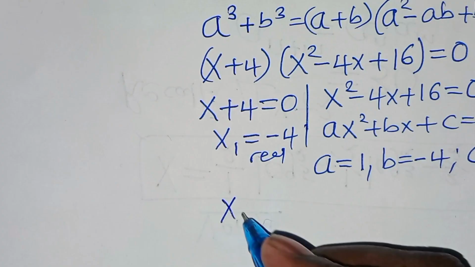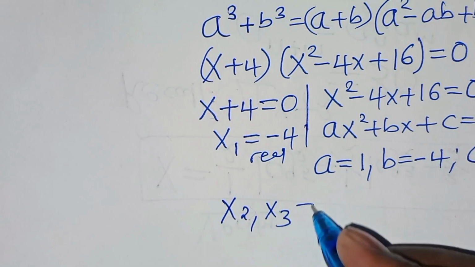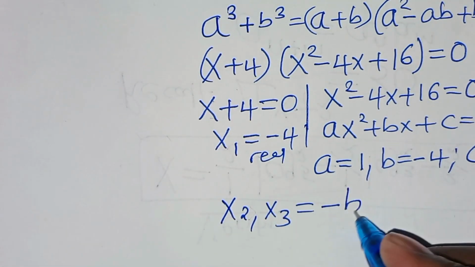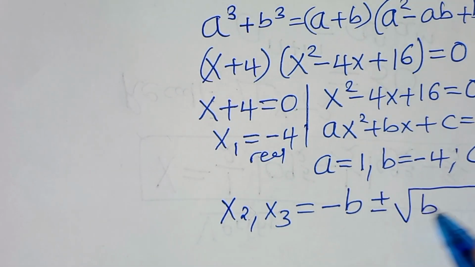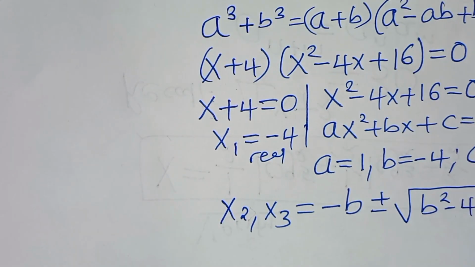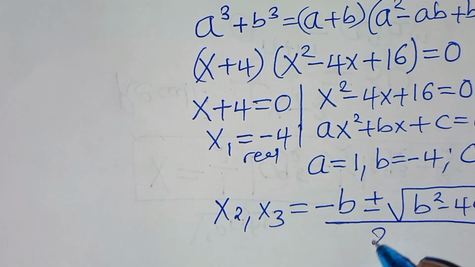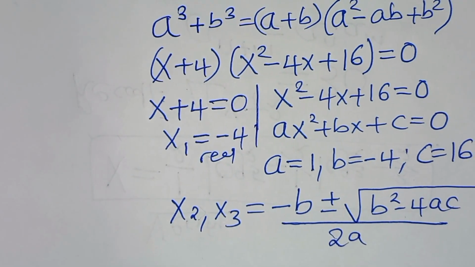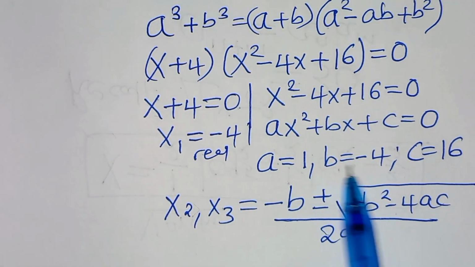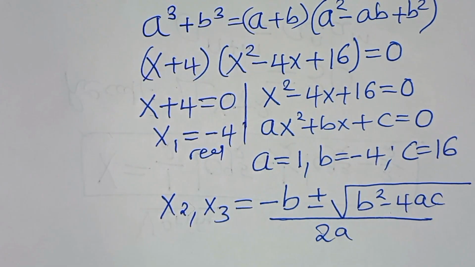So to solve for x2, x3, we apply the quadratic formula, that's minus b plus or minus the square root of b squared minus 4 times a times c, all divided by 2 times a. So let's substitute the values of a, b, and c as follows.